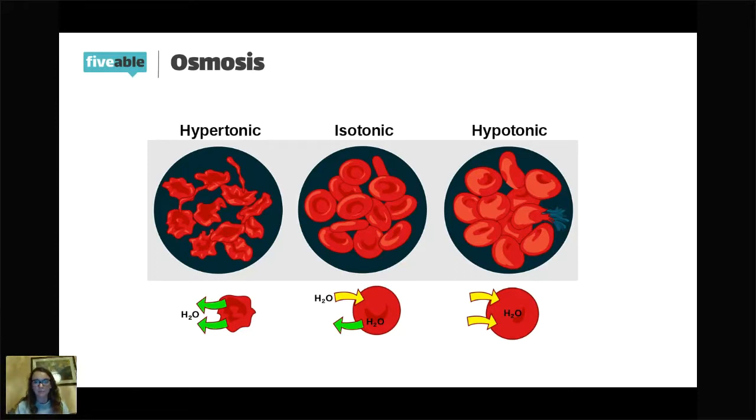Great question. Okay, so our three different scenarios here, hyper, iso, and hypotonic, all have to do with concentrations. So we're gonna talk about the concentration of water, and we're gonna talk about the concentration of solute. When I say solute, if you're not familiar, it's really just anything that's dissolved in water.